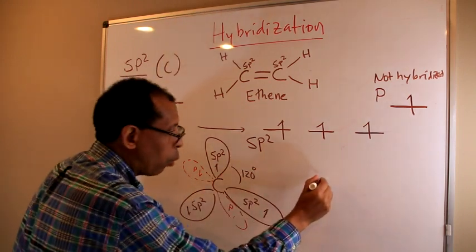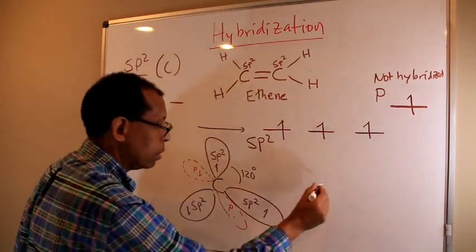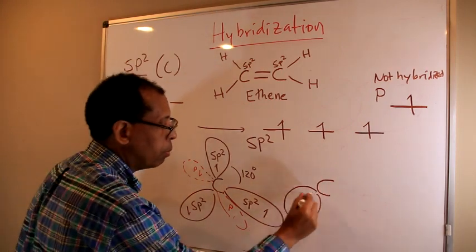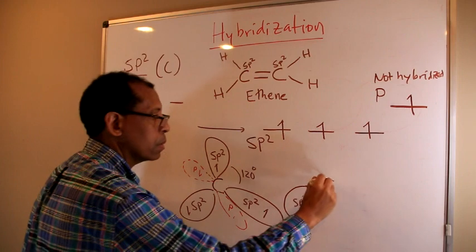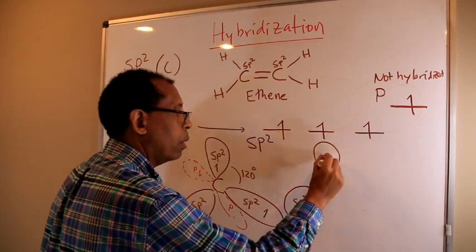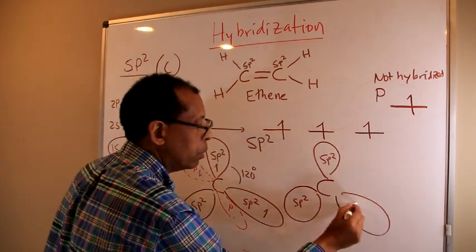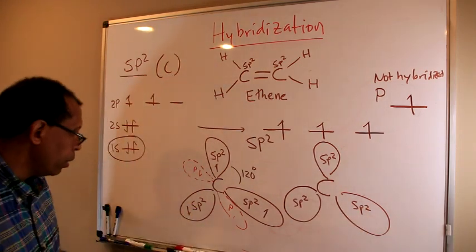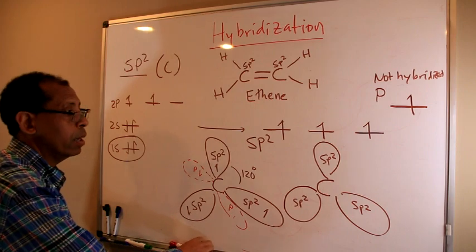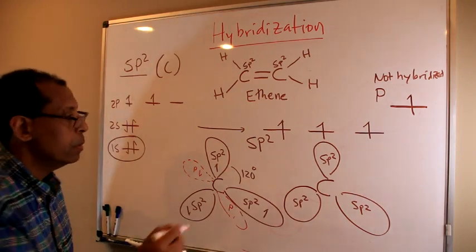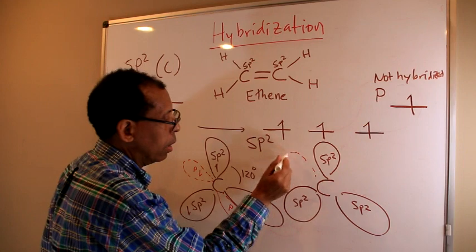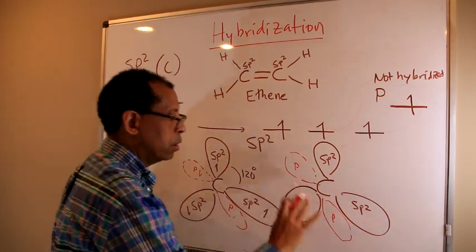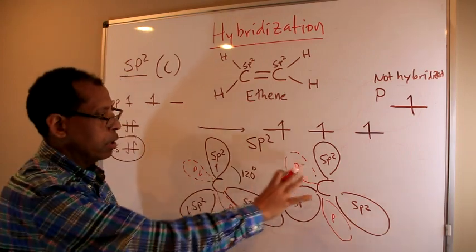If I make another one exactly like this, C with sp2 hybrid orbitals, still one p orbital remains unhybridized on this carbon as well, exactly like this p. It's exactly 90 degrees to the surface.